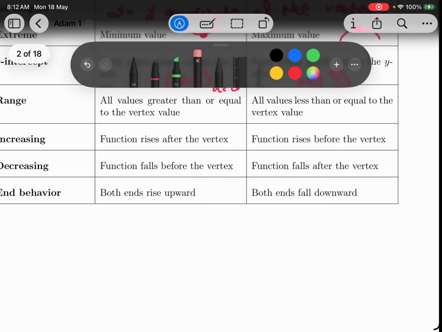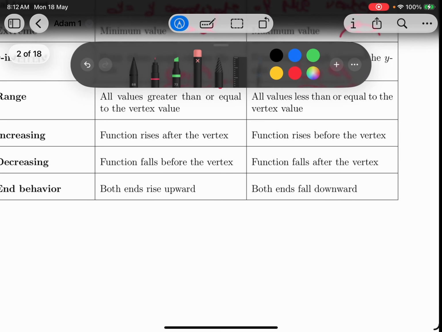So when a is more than 0, then the graph will be something like this, okay? And we can realize that whether x goes extremely big, extremely large, the function itself in both cases goes up to infinity. And here we have exactly the opposite.